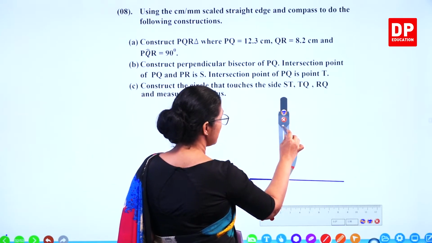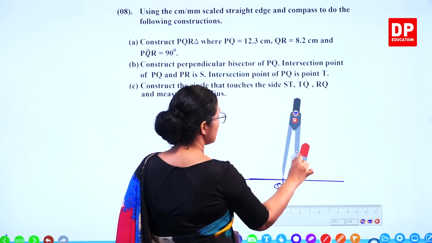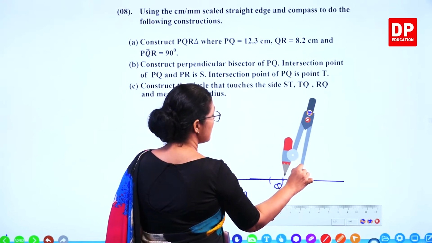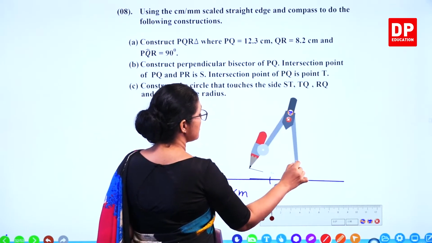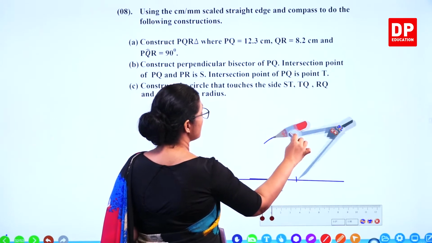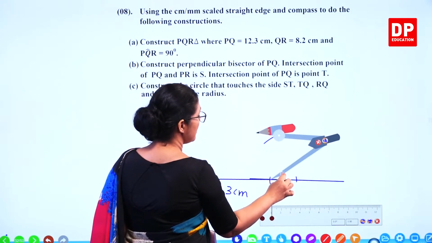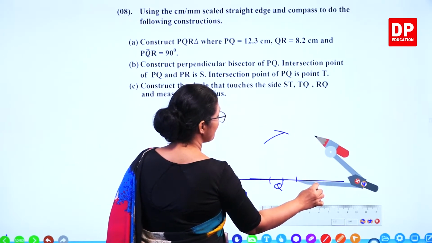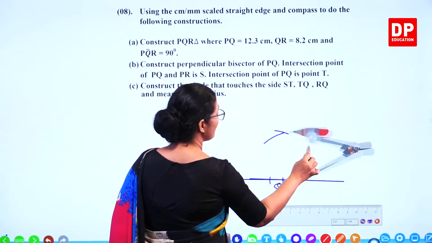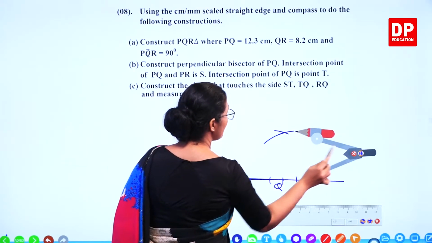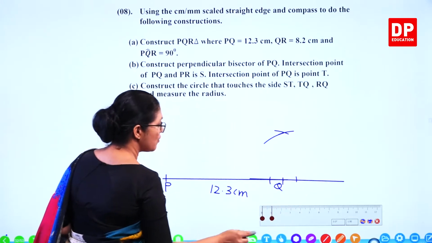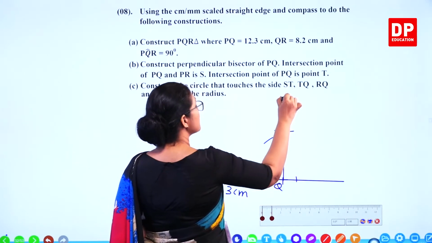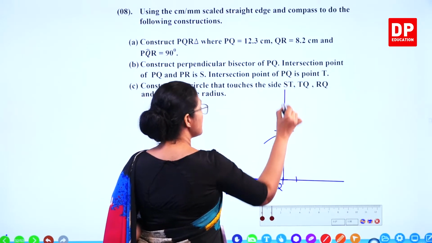Take any distance, draw an arc this way, and then take any distance from here, draw an arc here in the middle and here. And you can draw the line. Connect this one, that's 90 degrees.